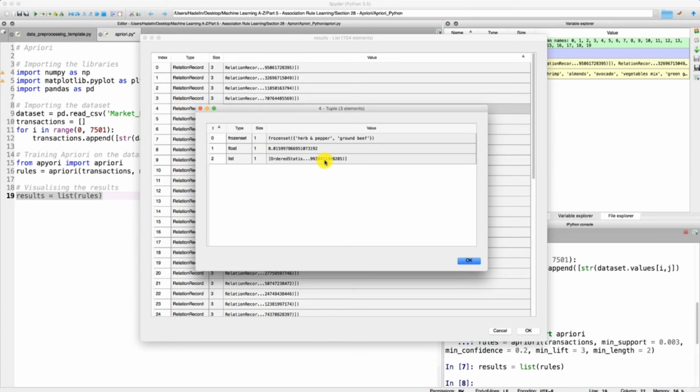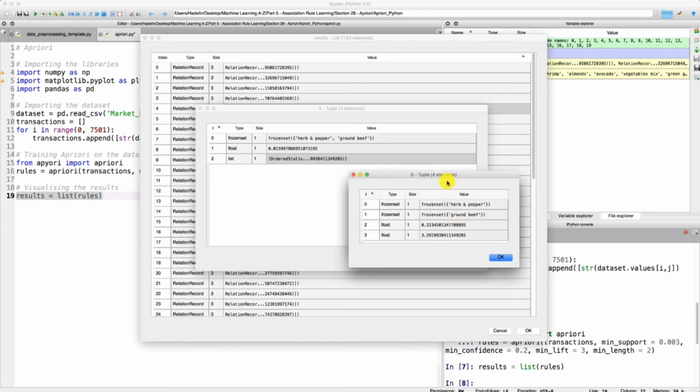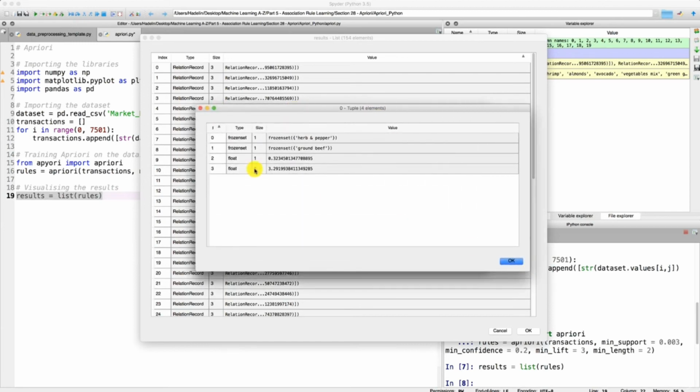And now let's have a look at the confidence and the lift by double clicking here first and then here again. All right, and let's say it all at once. So if French people buy herb and pepper, then they have 32% chance of buying ground beef, but the lift is not that high.